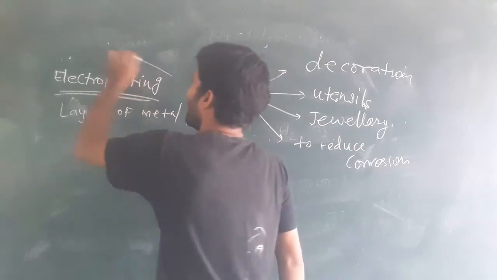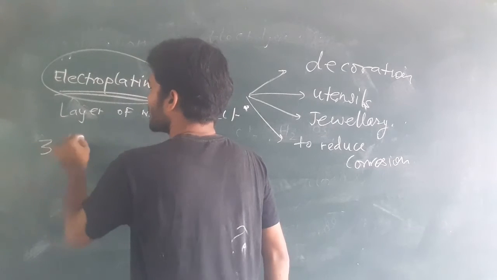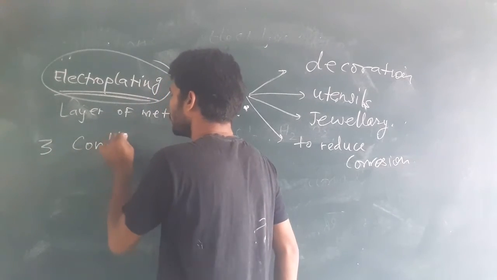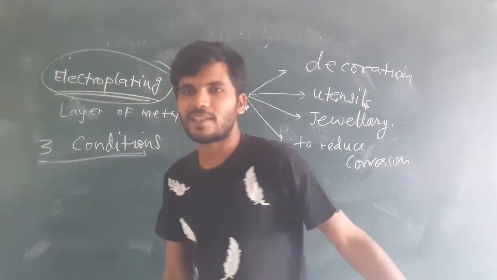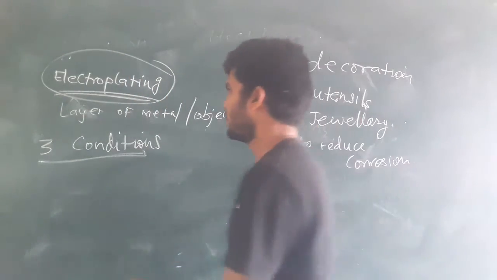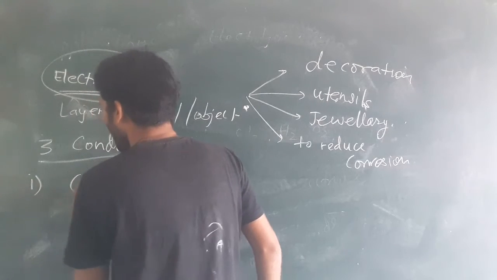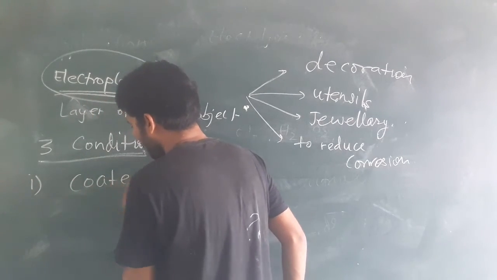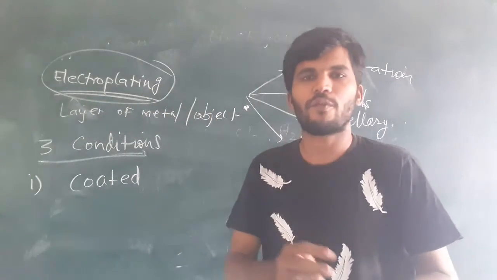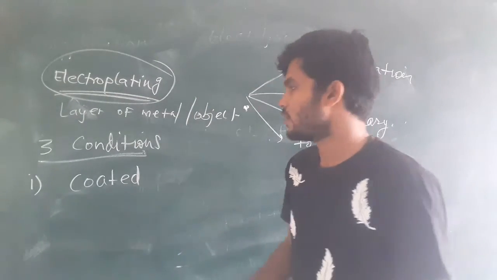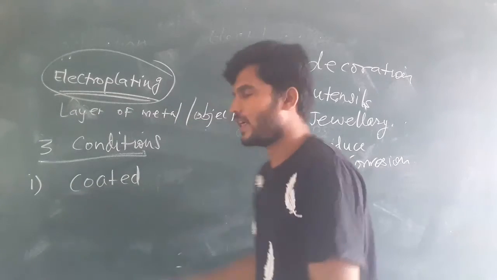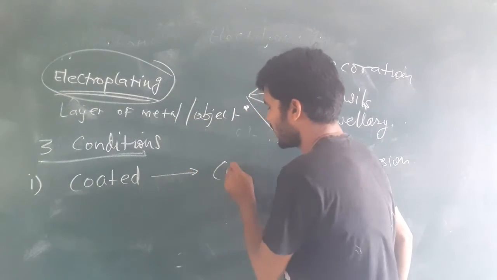Now while doing electroplating, three conditions are there, so you need to follow them. First one is the object to be coated. Suppose we want to coat on iron, iron के ऊपर कोई और metal coat करना है, so the object to be coated is taken as the cathode.